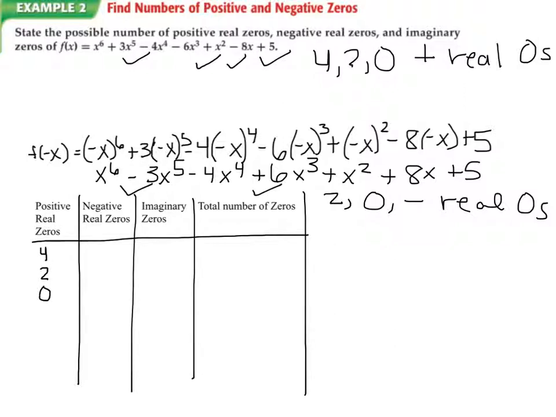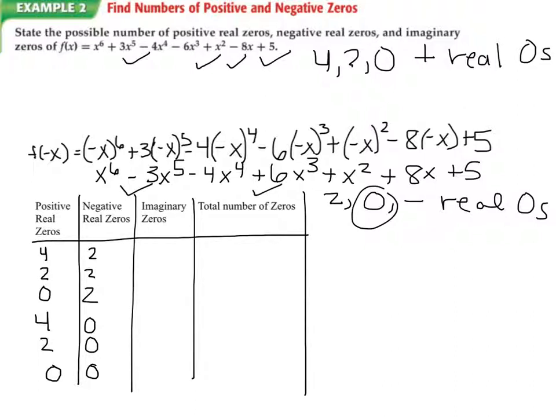And then we know that our negative real zeros is either 2 or 0. So I'm going to go ahead and pair the negative zeros, 2, 2, 2. And then we also need to use this 0 over here to be paired with each of them. So I'm going to go ahead and mark those down. 0, 0, and 0. And then I'll rewrite my positive real zeros, 4, 2, and 0.